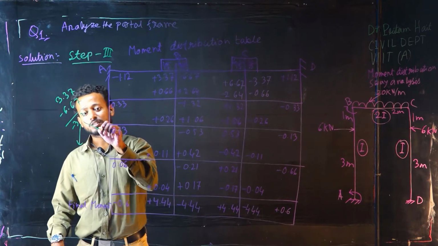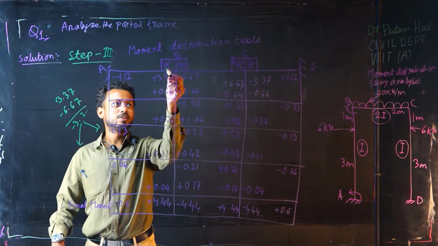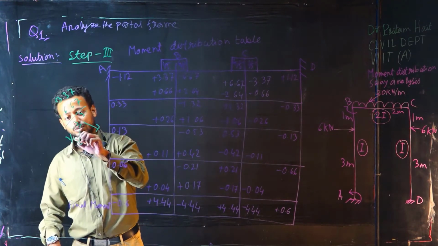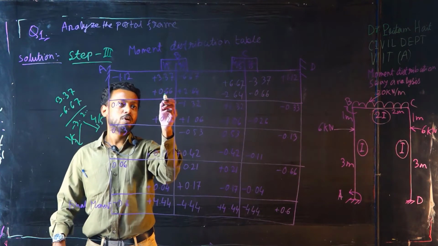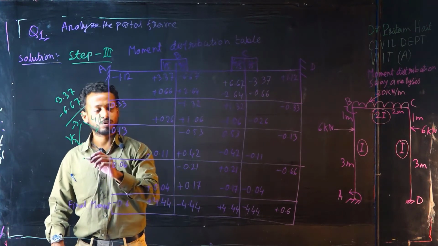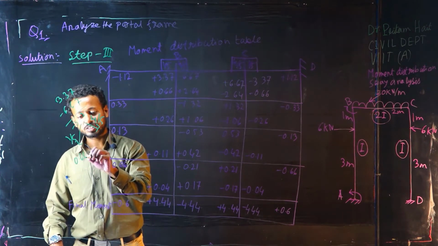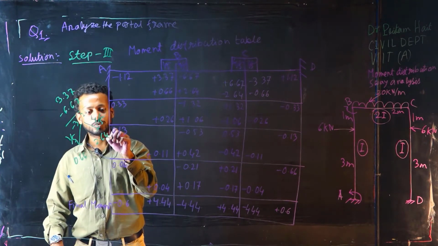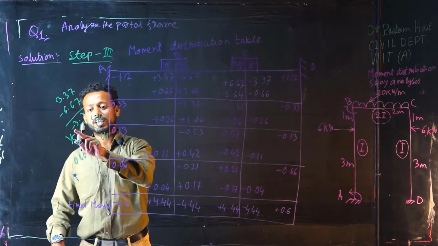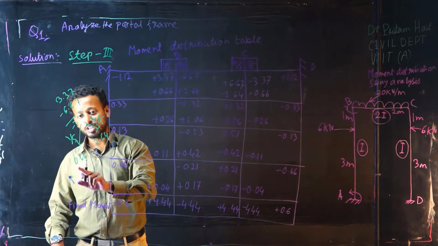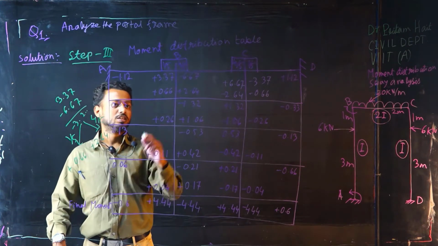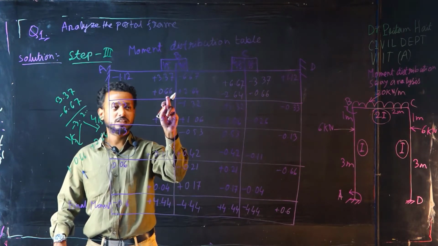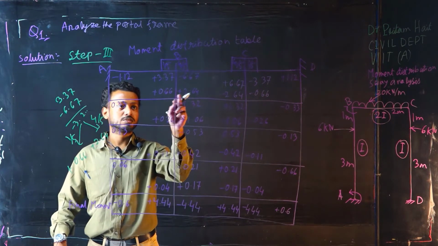Multiply this with the factors 1/5 and 4/5, you will get 0.66 and 2.64. Okay, as this is negative, so you will keep it as positive. Opposite sign you have to write. So I wrote it here positive 0.66, positive 2.64.